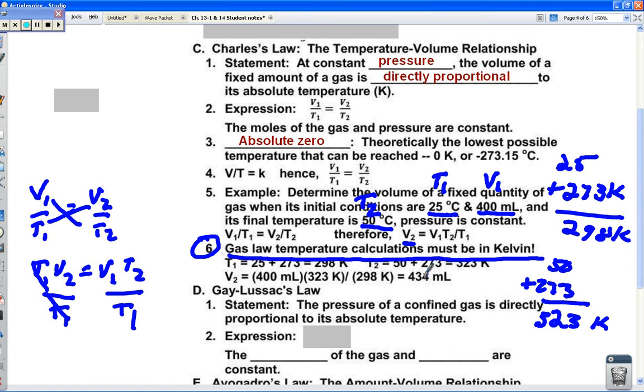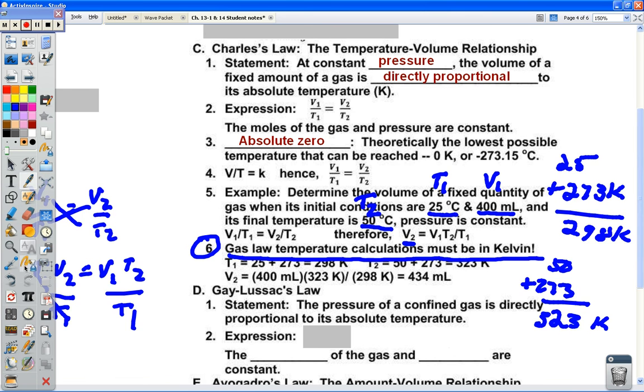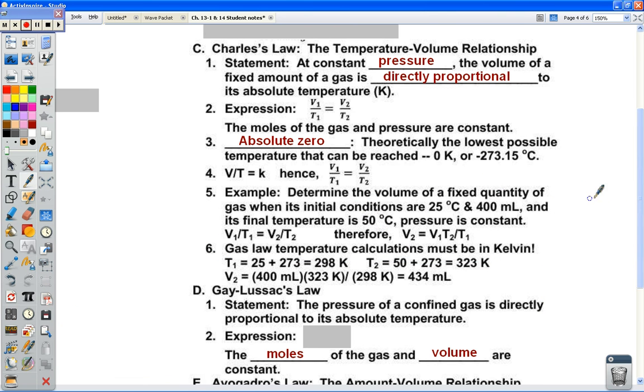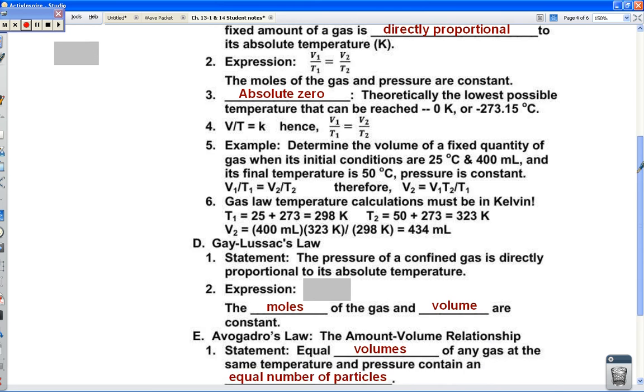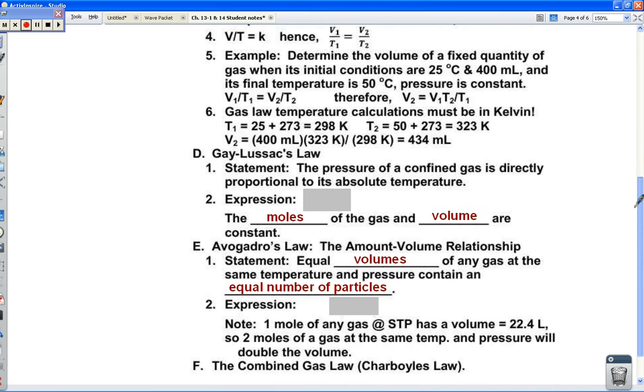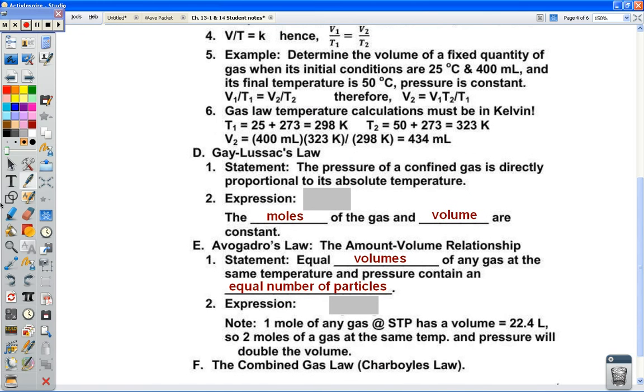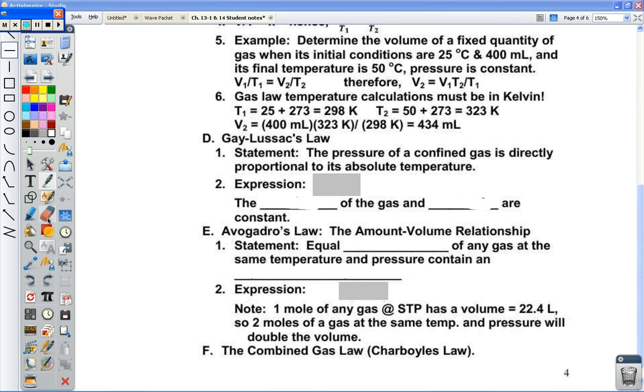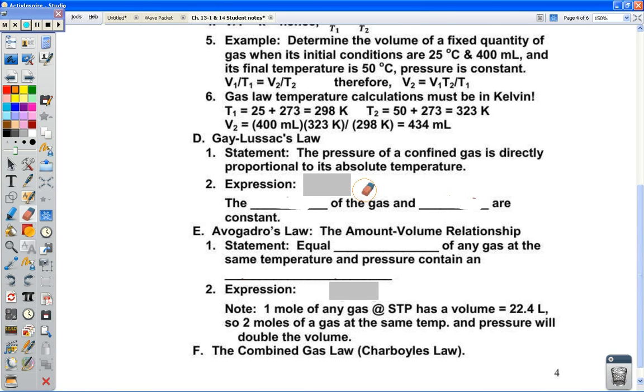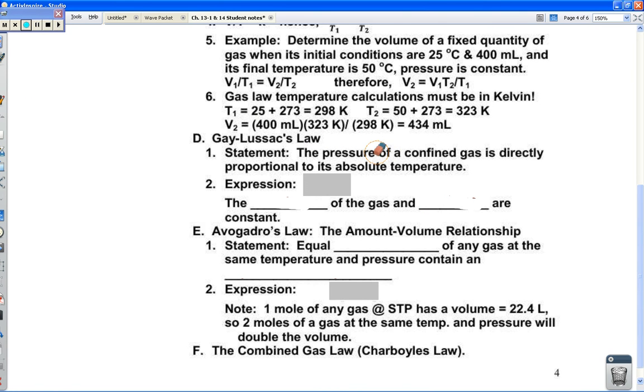Okay, which brings us to the worst name in the history of science. Gay-Lussac. Gay-Lussac's law. He says that the pressure of a confined gas is directly proportional to its absolute temperature.